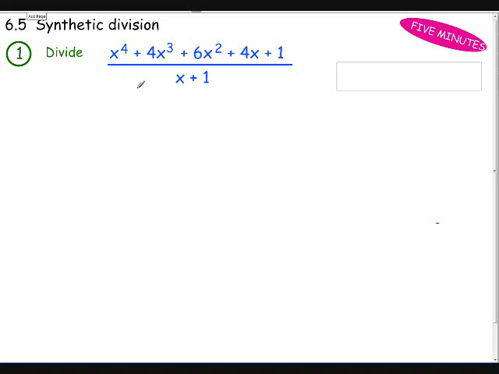All right. Here, I'm going to do long division first, just to remind ourselves what long division looks like, and believe me, you are going to appreciate synthetic division because it has quite a few reductions in the number of pitfalls.